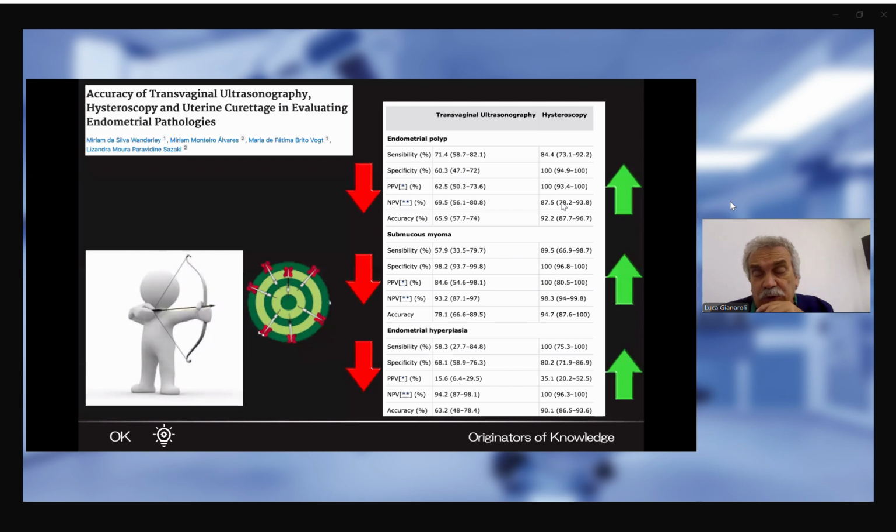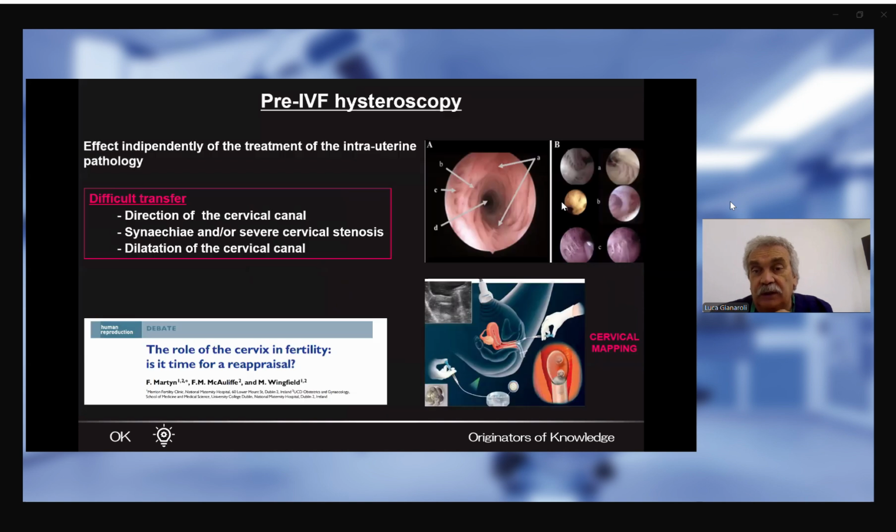And what we should change is the paradigm that we are still advocating to do diagnostic hysteroscopy. If you want to use this tool before ART, we should talk, and I will come back to this if I have time, about the concept not of diagnostic hysteroscopy, but of using hysteroscopy as a screening tool.